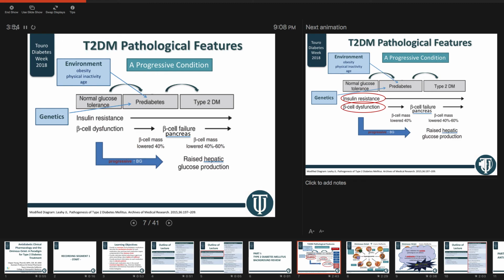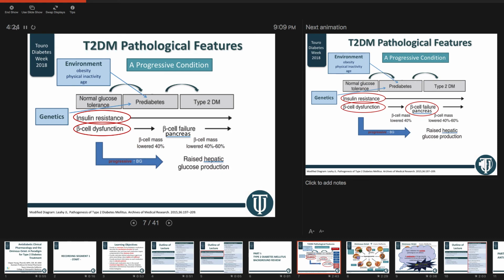Or the second factor is genetics. For example, African Americans or Asian Americans are at a higher risk of developing type 2 diabetes. Then if at the stage of prediabetes the sugar is not controlled, it will progress to type 2 diabetes. And as I mentioned earlier, this is a spectrum. So what is wrong?